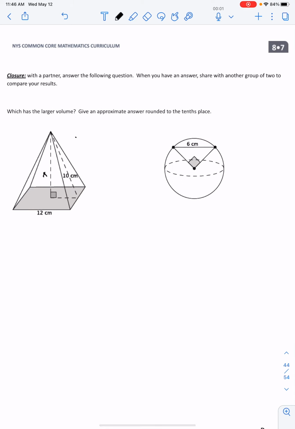So a squared plus b squared equals c squared. So I have half of 12 is 6, so this would be 6. So I have a squared plus 6 squared equals 10 squared, because that's my slant height or my hypotenuse. So now I made that x, so I gotta change that.